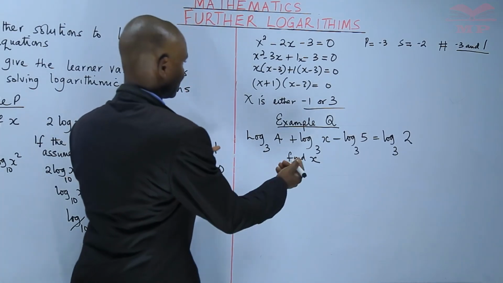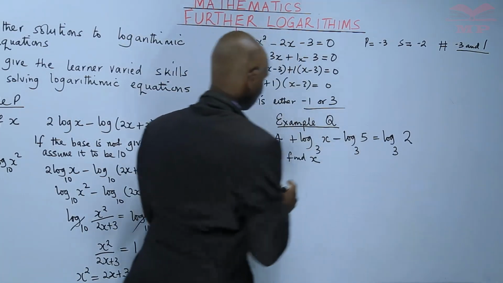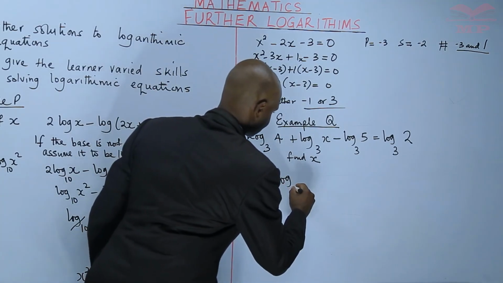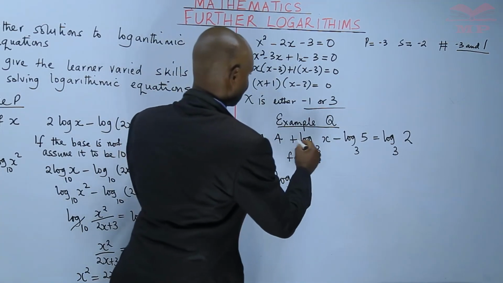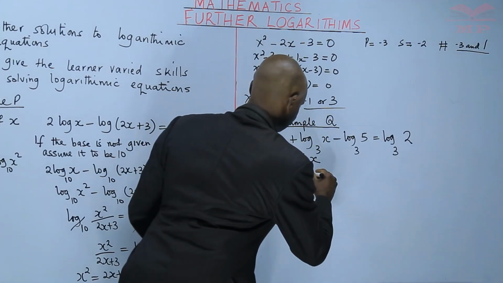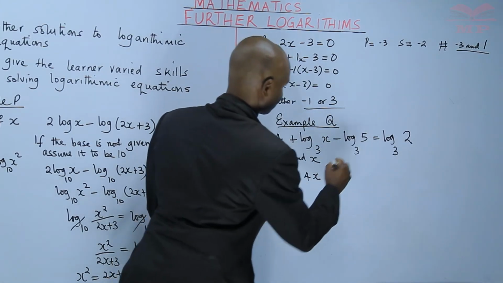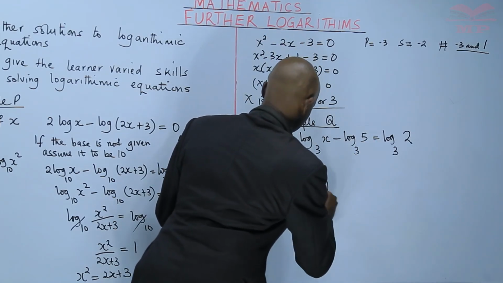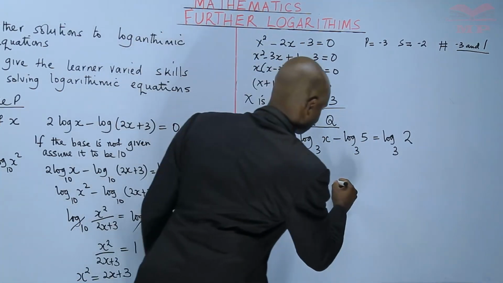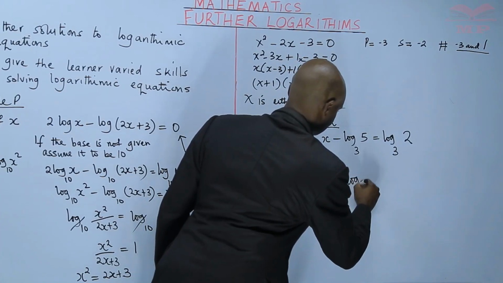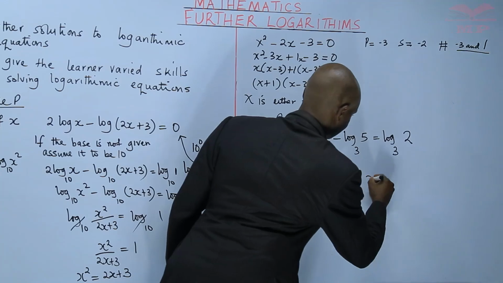So by the laws of logarithms, I'll have log base 3 of 4 times x, that is 4x, divided by 5, is equal to log base 3 of 2.